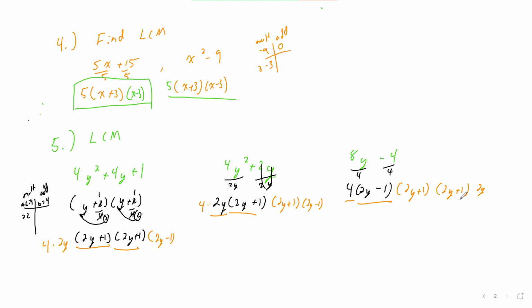But 4 times 2y, see, this one had a 4. I see what they did. So I'm going to take this 4 back away, and we need to look at this 4 is actually a 2 times 2.